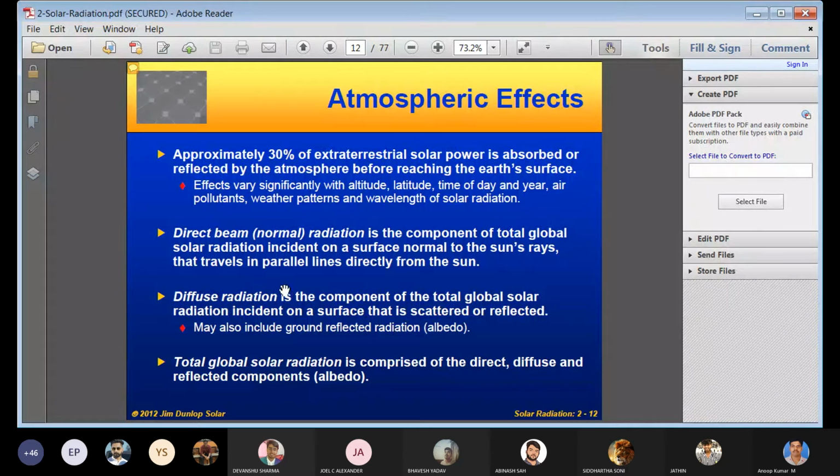I will make this more clear. If you are directly under the sun, you will get mostly beam radiation, because direct solar radiation will come and hit you. We can draw a line between you and the sun because you can see the sun directly, and the radiation can travel over that line.